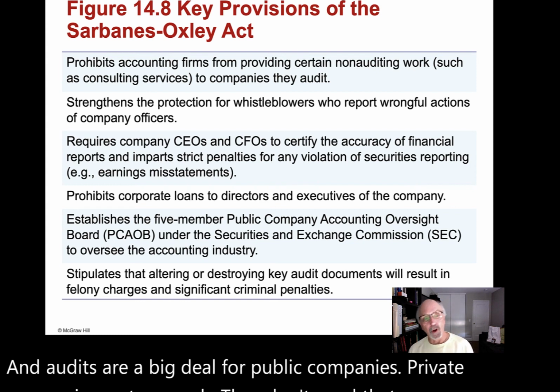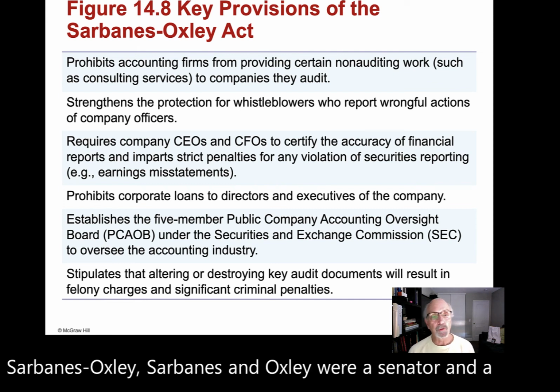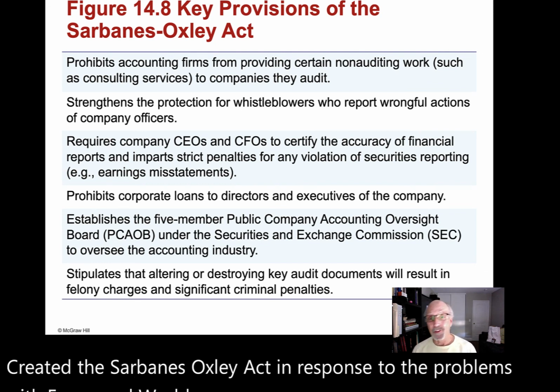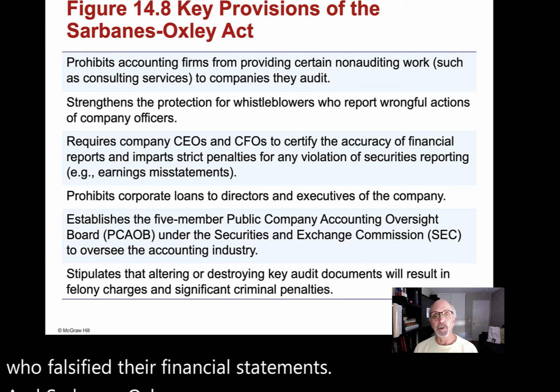Sarbanes-Oxley. Sarbanes and Oxley were a senator and a congressman who in the early 2000s created the Sarbanes-Oxley Act in response to the problems with Enron and WorldCom and Tyco International, companies who falsified their financial statements. And the Sarbanes-Oxley Act prohibits accounting firms from providing certain non-auditing work.